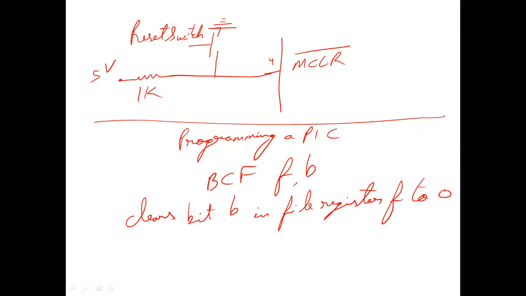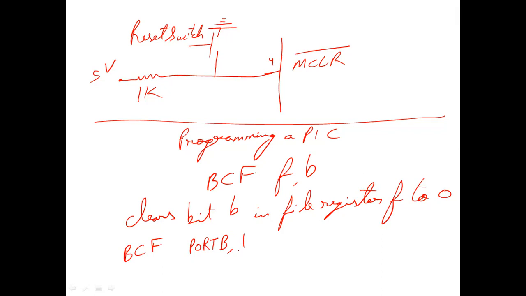So if we let us say have BCF PORTB, comma 1, let us say. So what will it do? It will make bit 1 in port B go low, right?